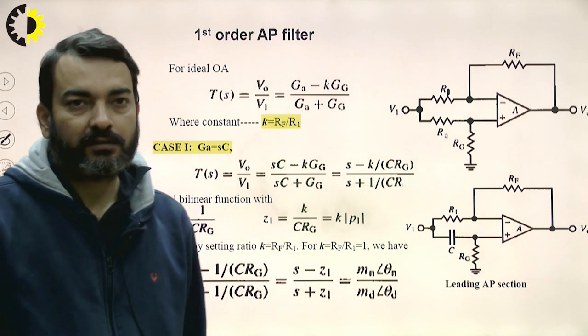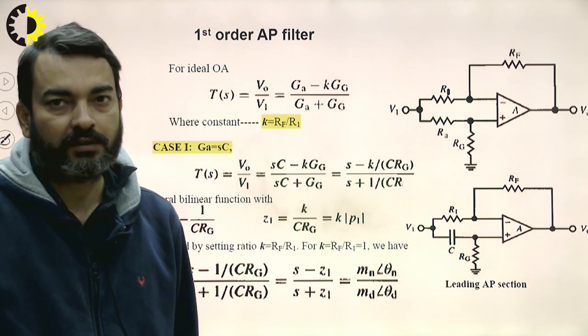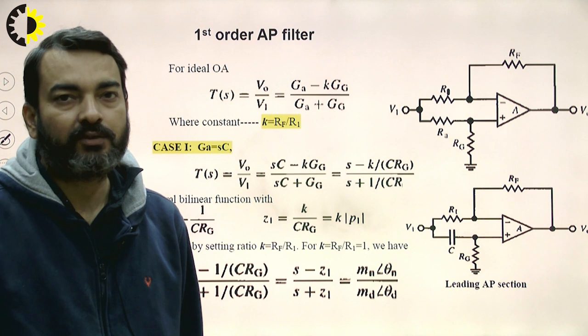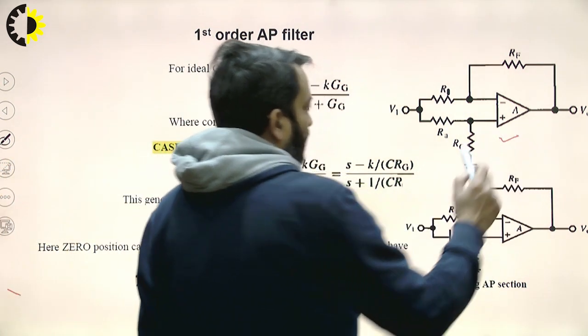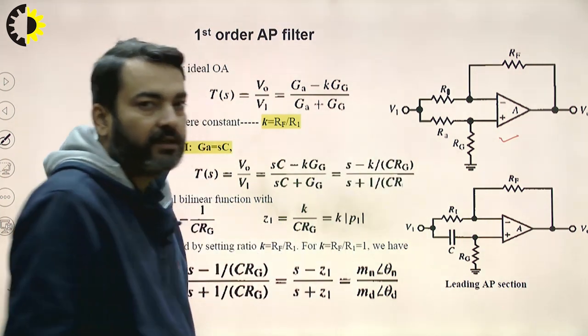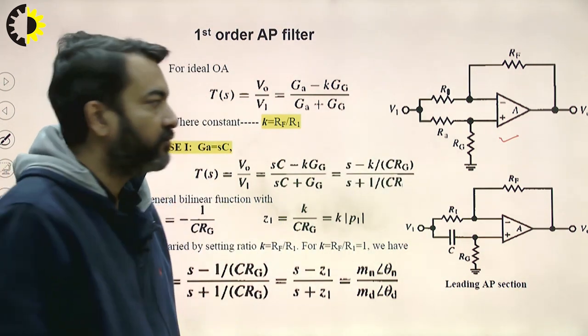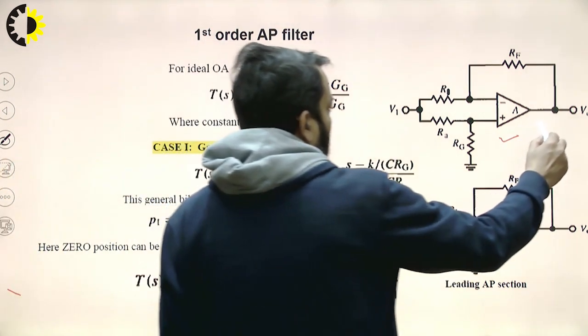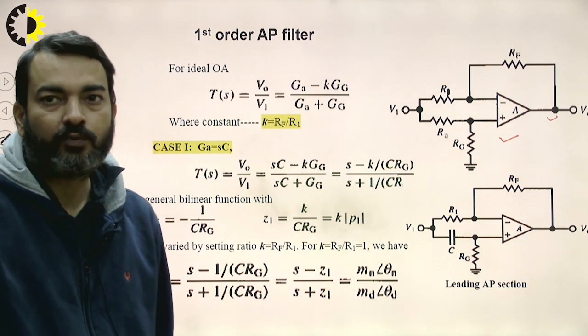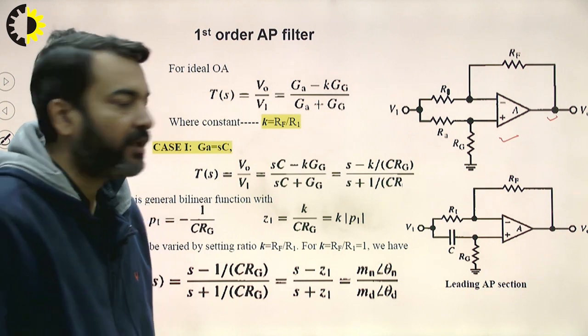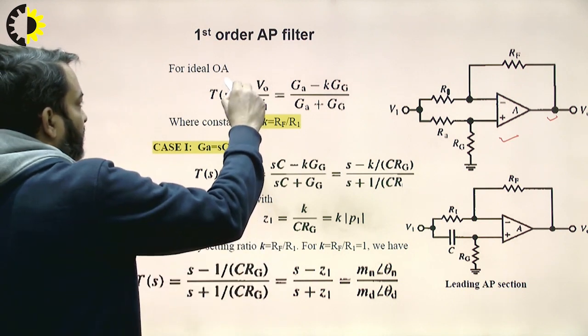So for realizing a first order all pass filter, we will have to use a differential configuration. Here this op-amp is used in differential configuration. By applying the law of superposition, we can easily calculate the output voltage V0 by Vi.